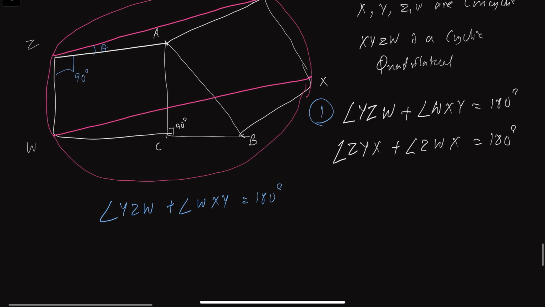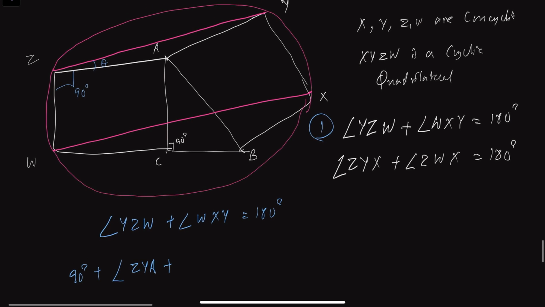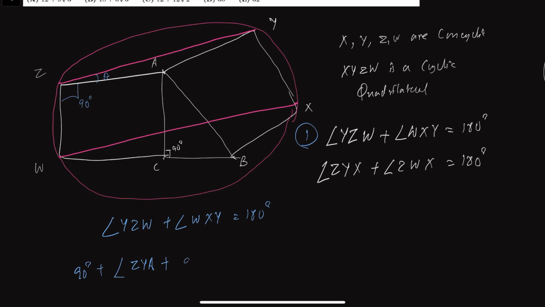For the second one, YZW is 90 degrees plus angle ZYA, plus WXY which is 90 degrees minus angle XWB, equals 180 degrees. So angle ZYA is equal to angle XWB.